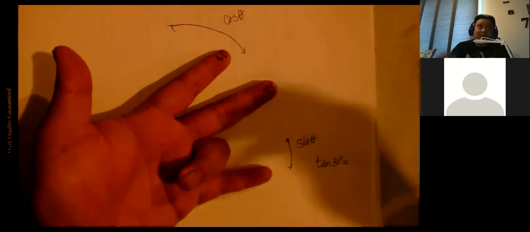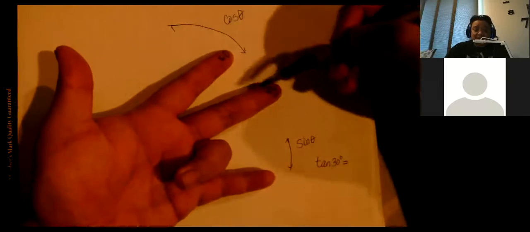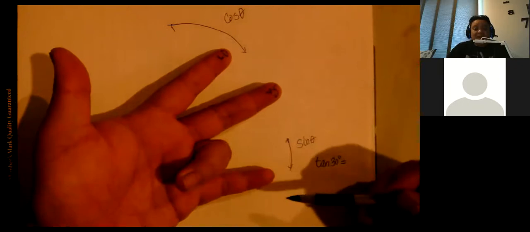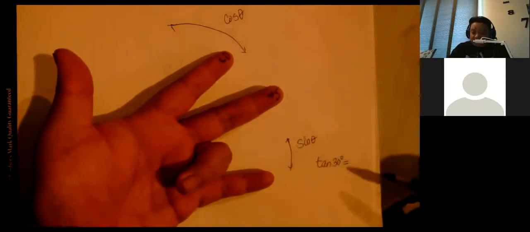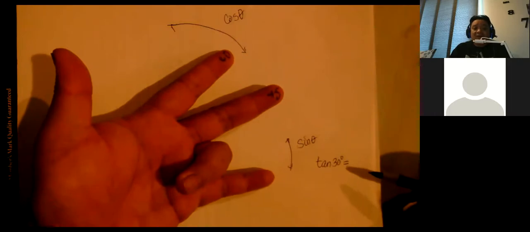Okay. So now I'm going to fold my 30-degree angle, which is this one. And so if I leave it like this, where my palm is up, this part is cosine, right? And then this part is sine. And so remember, tangent is sine theta over cosine theta. So right now, the cosine is the one above, the sine is the one below. And so I want to flip that over so that I have sine theta over cosine theta.